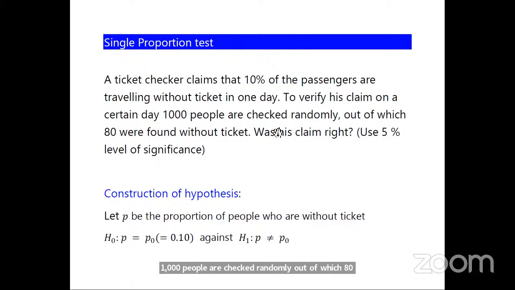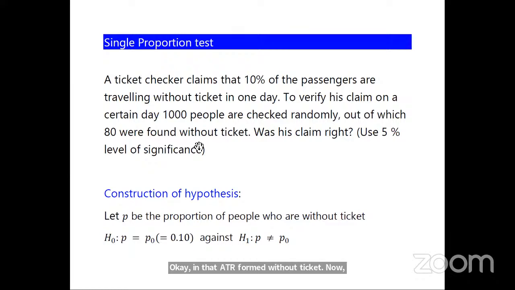Now, how will we calculate our value of P? See, this is the value of P0, that is 0.1, the claim that we want to check. To find out the value of P, we have to consider 1,000 people. In that, 80 are found without ticket.